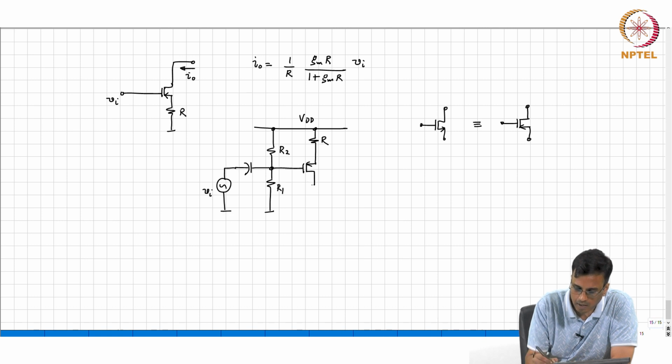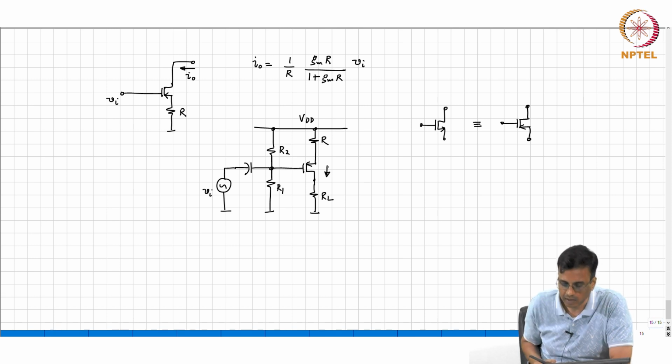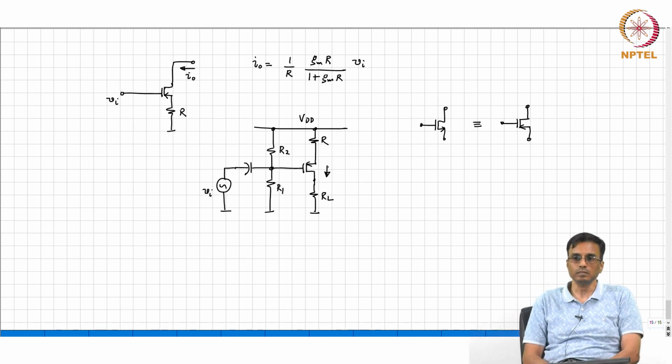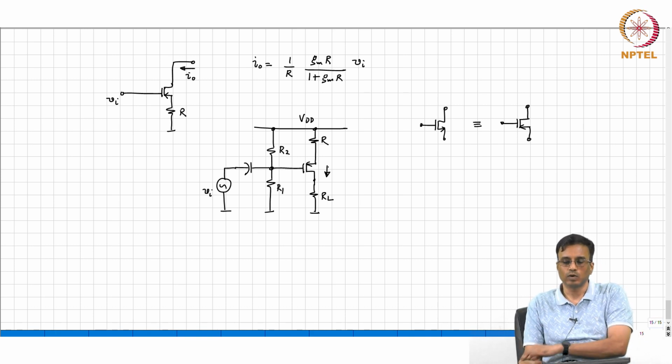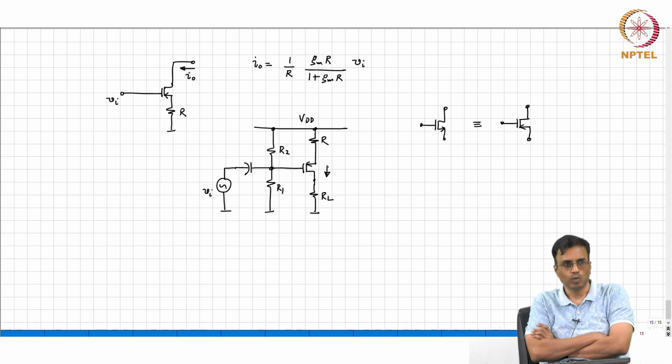This is VI, let us say this is RL. What is the incremental current going in there? Yeah, it is the same thing. IO is 1 over R times GMR over 1 over GMR.